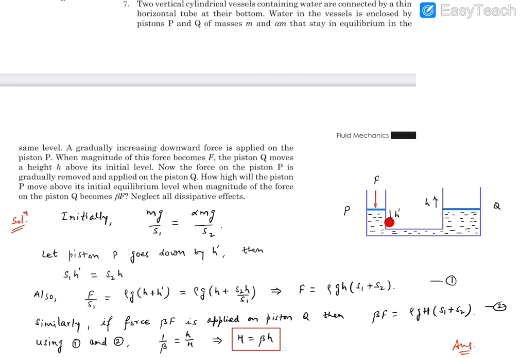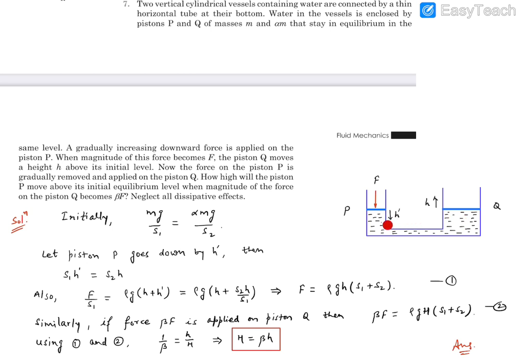Whatever volume goes down, the same volume has to go up, considering the liquid is incompressible. So S1 into H prime must be equal to S2 into H. Also, when this came down by H dash, the pressure at this point just below this piston is going to be the same as the pressure at this level.